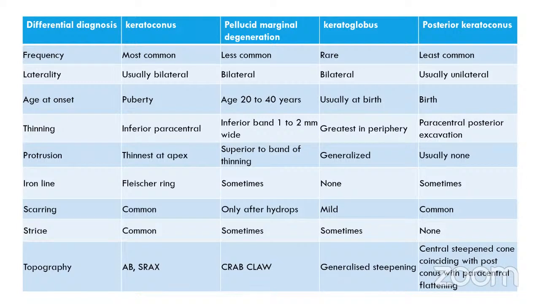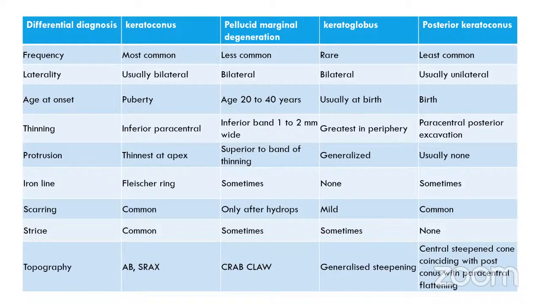Keratoconus, pellucid marginal degeneration, and keratoglobus are usually bilateral conditions, but posterior keratoconus is usually unilateral. Age of onset in keratoconus is puberty. It is 20 to 40 years in PMD and usually at birth in keratoglobus and posterior keratoconus.